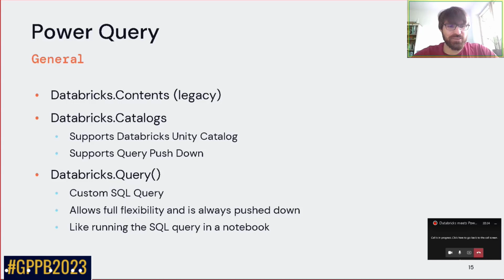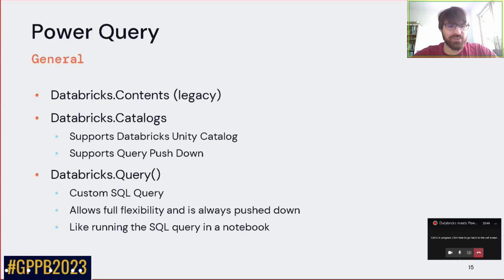If for whatever reason the regular UI capabilities for filtering and transforming your data are not enough, or the pushdown is not working, you can also create a native query in Power Query in Databricks.